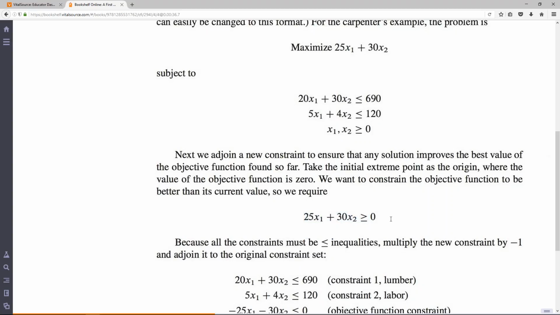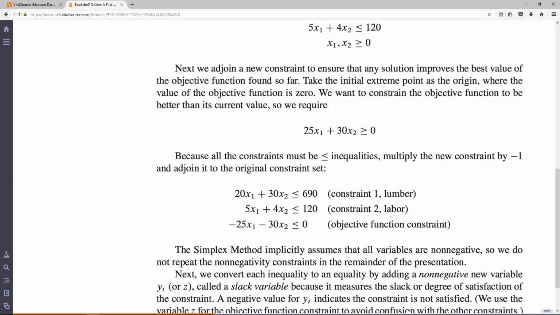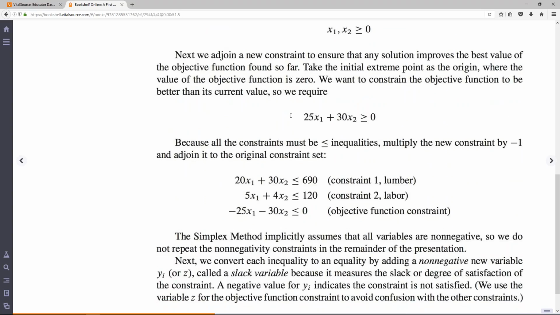And then in order to use a non-negative slack variable, we have to multiply by -1 on both sides, so that you come up with the objective function as a constraint in this format that we just saw, the third equation.